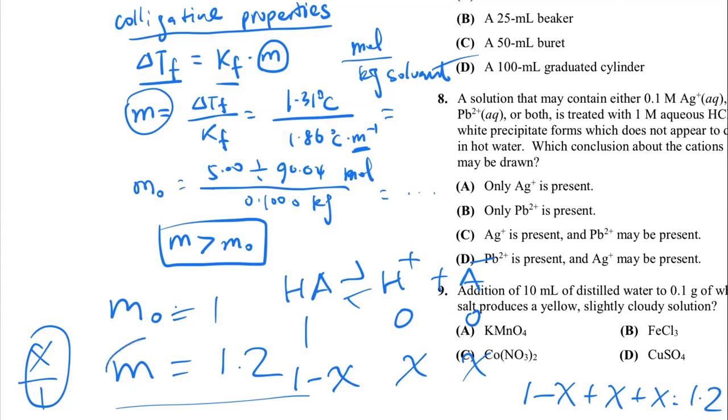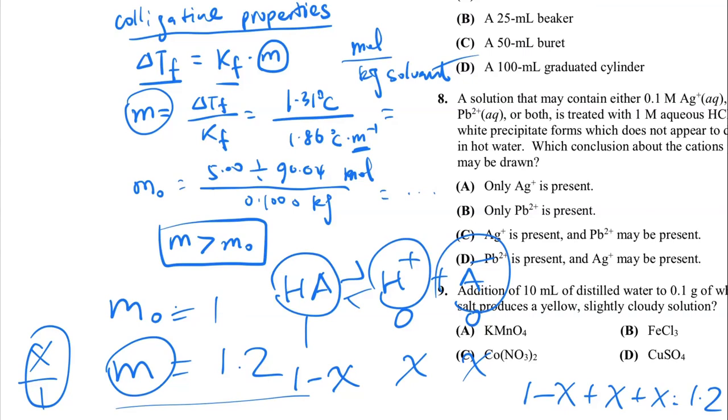And M is the molality of the particles in the solution calculated from the freezing point depression, which includes the molecular form of the acid and also the ions. Because the character of colligative property is we do not care about the identity of the particles. We only care about the number of the particles. This is called colligative. It's number dependent. Did I answer your question?